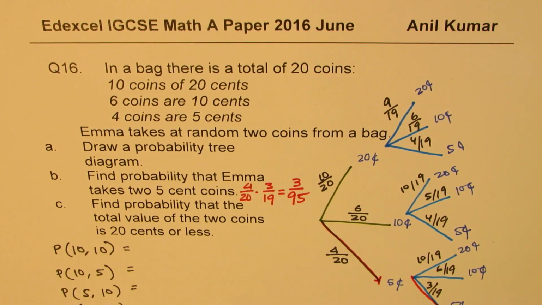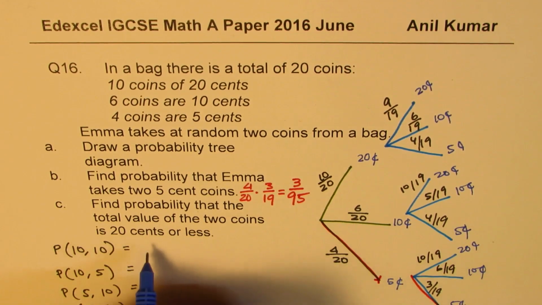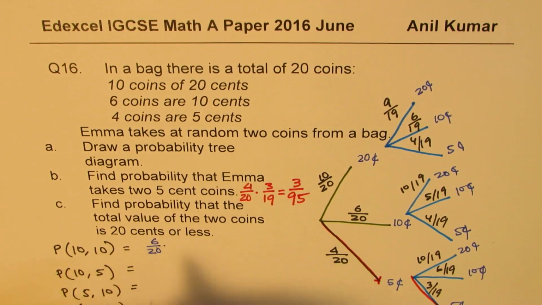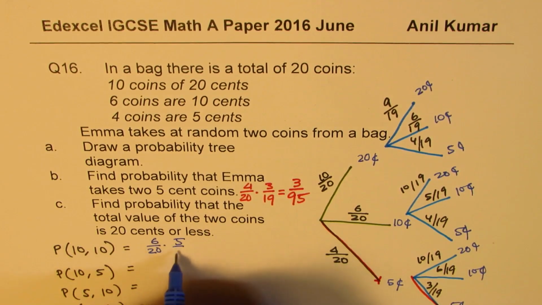Let's figure this out. For 10 and 10, the first 10 is 6 over 20 times the second 10, which is 5 over 19.